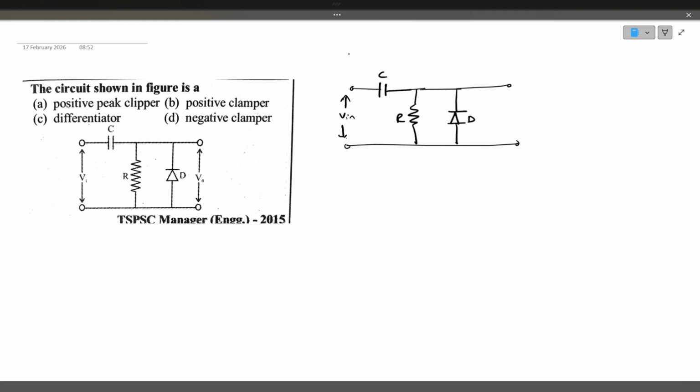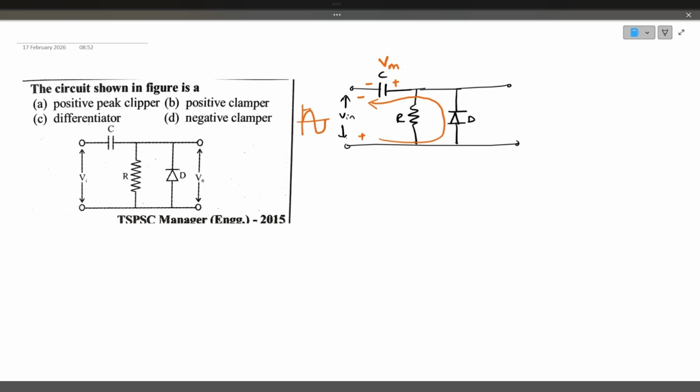During the negative half cycle of the input voltage, the diode conducts and the current flows through the diode and the capacitor. Then capacitor C charges to plus Vm, where Vm is the maximum potential of the input signal.